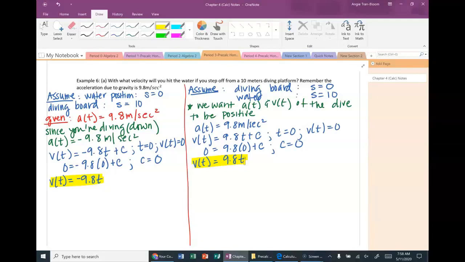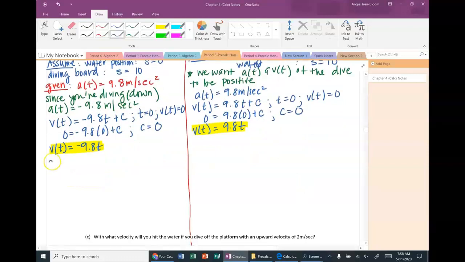What I'm going to do next is find the position, so s of t. So go backwards one more time. Okay, so s of t equals, now we have to go backwards, so we're going to add 1 in the exponent. So now t becomes t squared. Then negative 9.8 is the number we currently have.